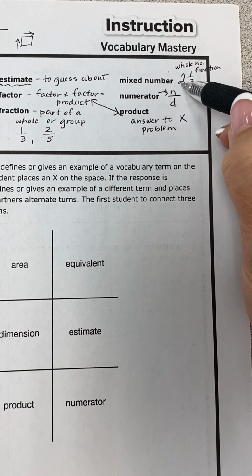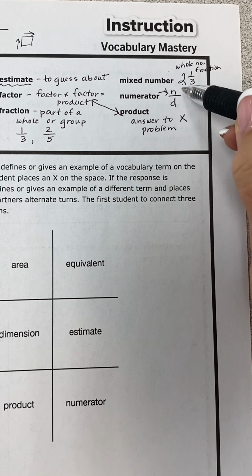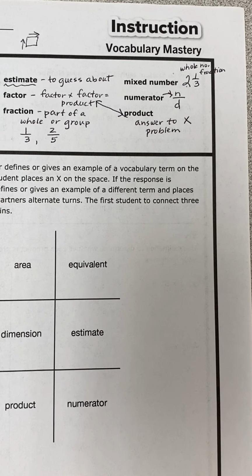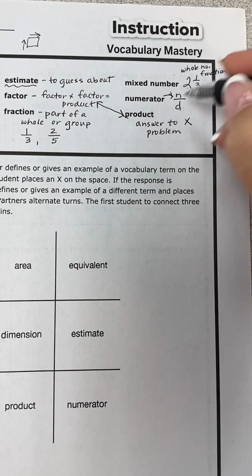This would be like 2 whole pizzas and then 1/3 of another. Again, numerator is the number at the top, the number that we're talking about. The definition for numerator states the top number in a fraction, how many equal parts are being considered. So the numerator says what is being considered out of how many total parts.